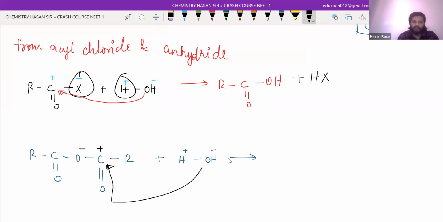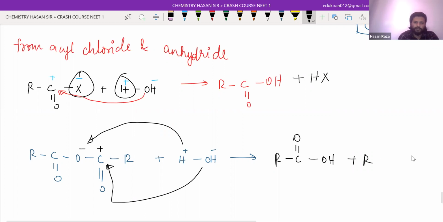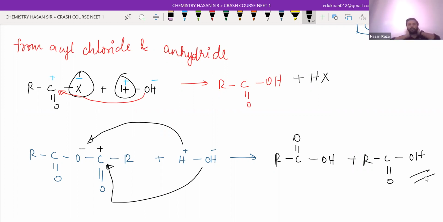So we can write RC double bond O, OH, and this positive will go with this negative. So there will be formation of another carboxylic acid, which is the same. So you just need to do the hydrolysis, break the bond, add the new component, and you will be getting your answer.